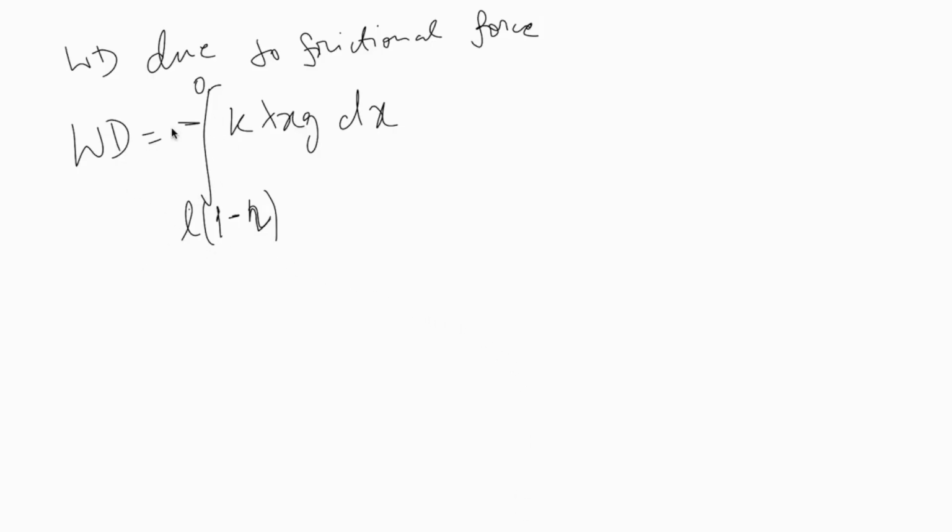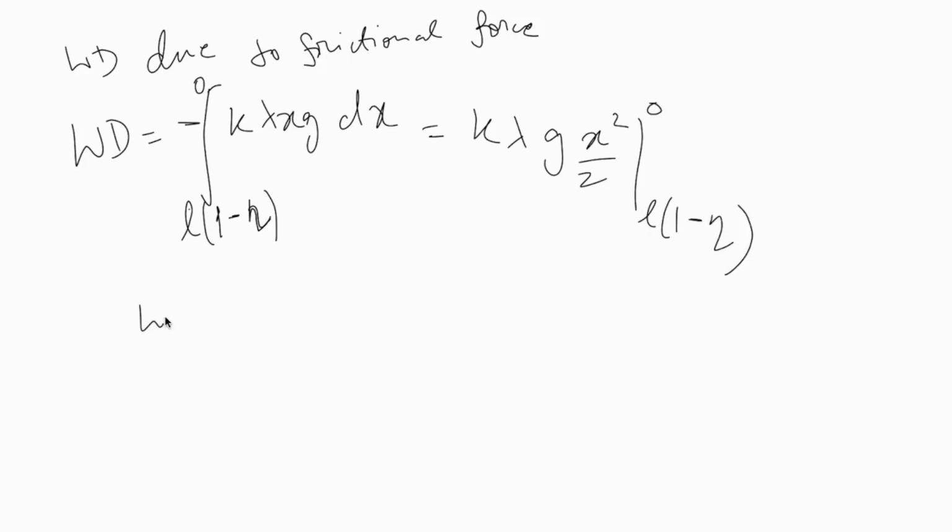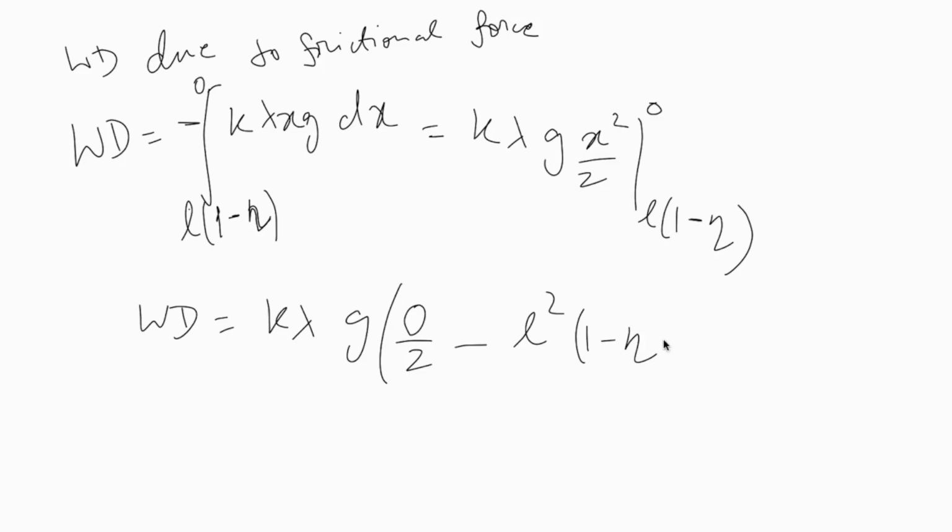So I can write it like this, and once you compute this you get something like k lambda g x squared by 2, and when you apply the limits L into (1 minus eta) to 0 and I compute this, I get k lambda g. So anything at 0 is 0 squared, which is again 0. So this time we get 0 by 2 minus L squared into (1 minus eta) squared, as simple as that.